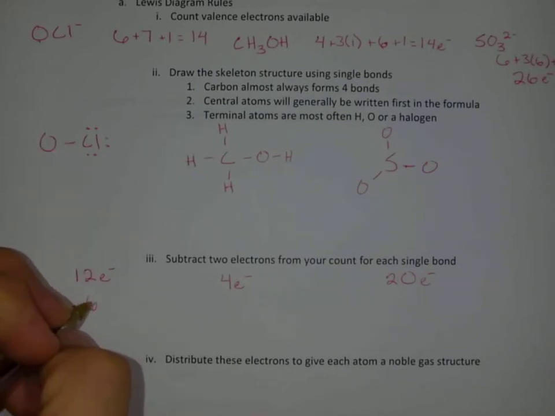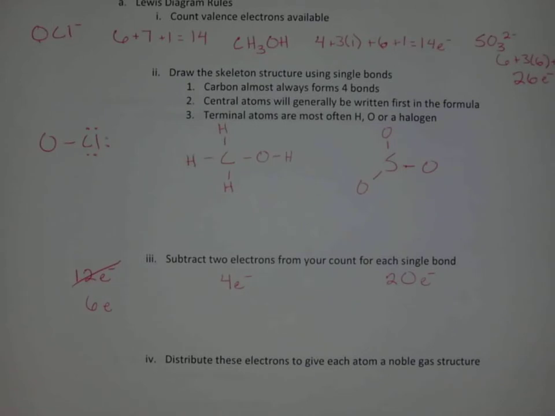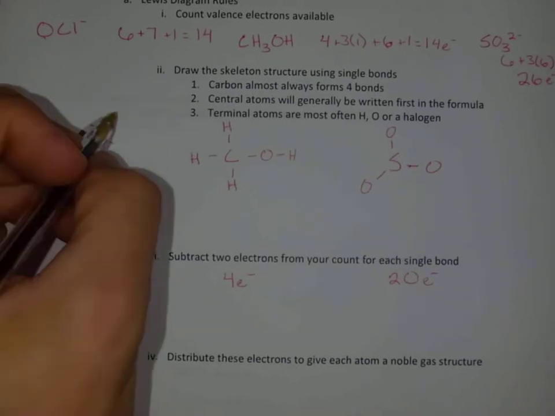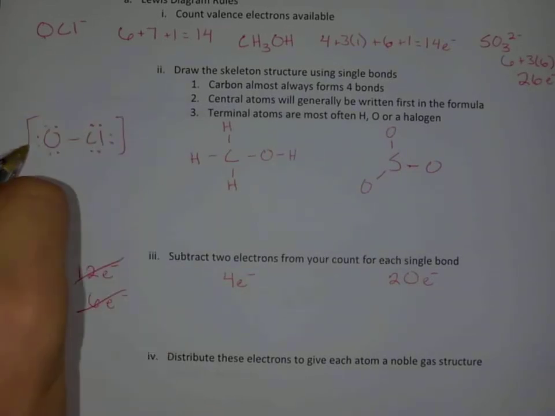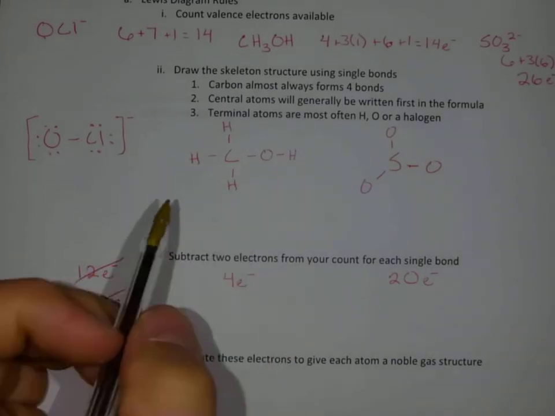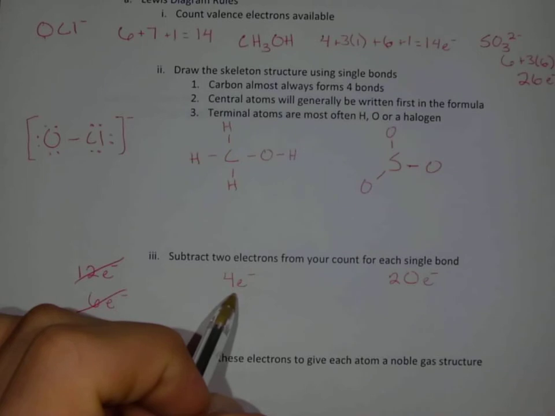We have 6 electrons left now. So 1, 2, 3, 4, 5, 6. That's all of our electrons done there. And because this is an ion, I'm going to put it in brackets and put my charge on the outside. Okay? So that's our electron structure for that. Okay? For methanol, right, what we see is that we've got 4 electrons left.